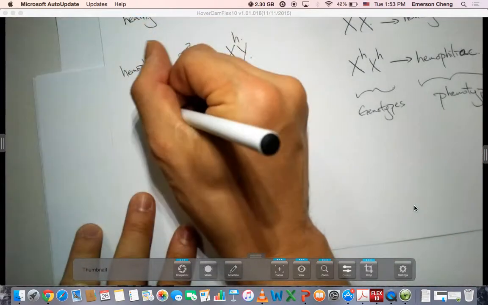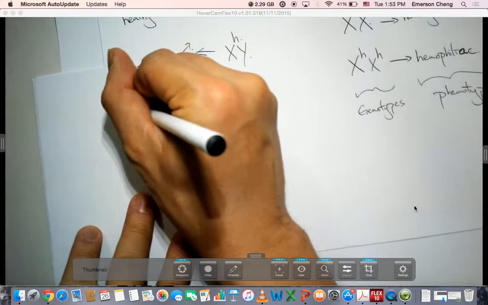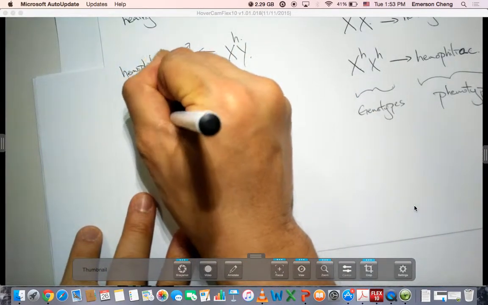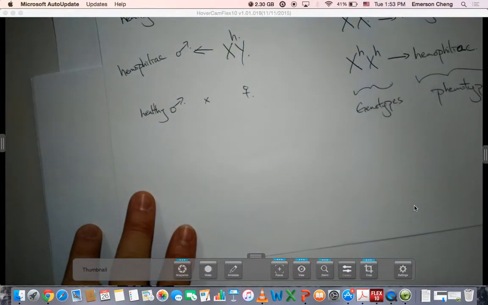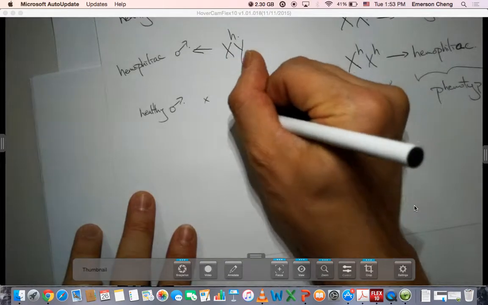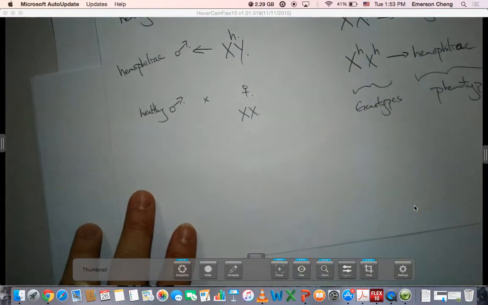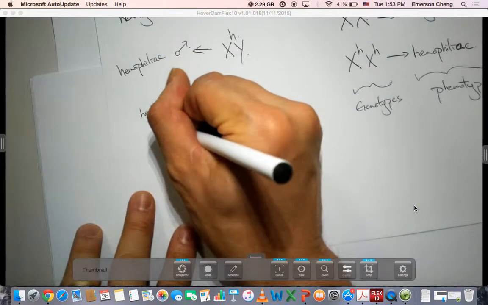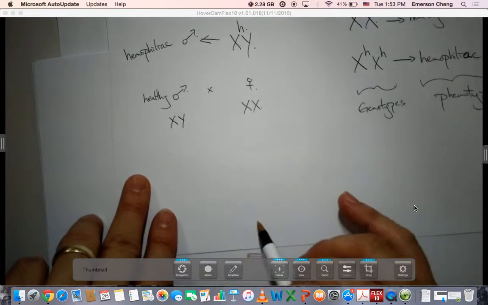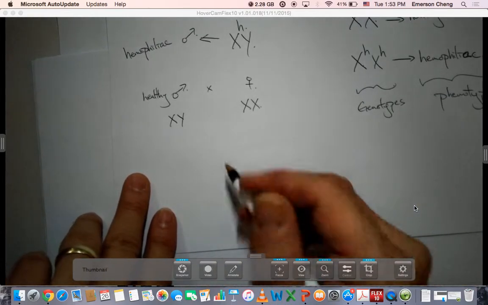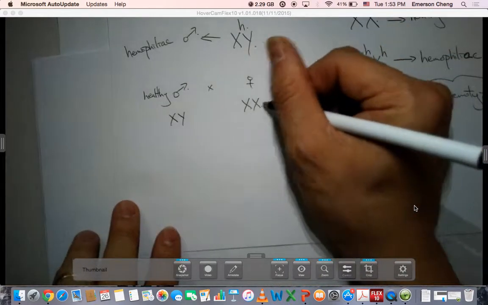Let's say a healthy male decides to marry this lady that is a carrier. What will be the chances of their kids having hemophilia? Very common question. We'll do the Punnett square and find out. Don't just randomly throw numbers.